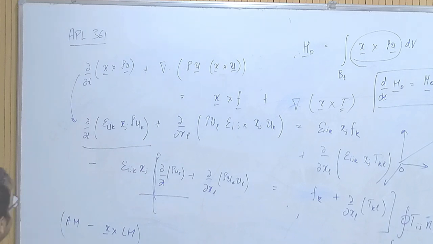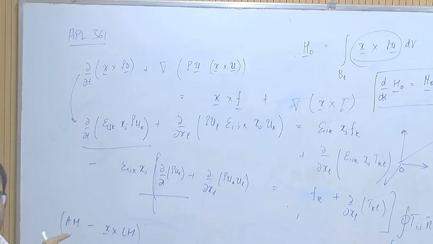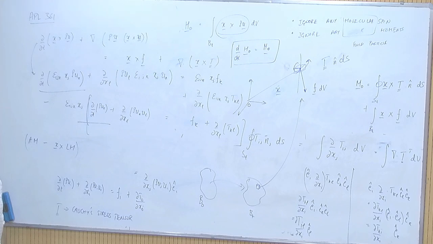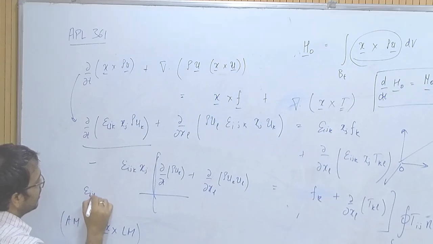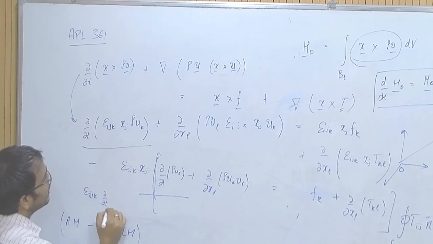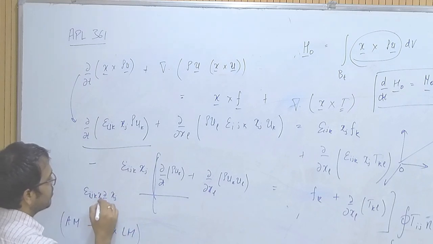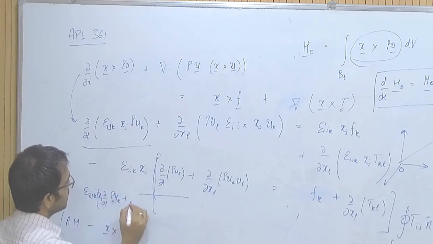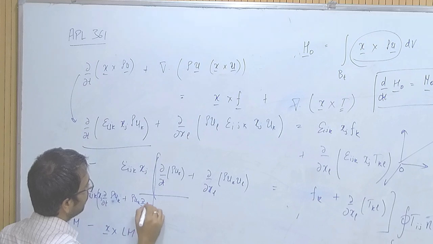Okay, so in the first term epsilon ijk is constant, xj is not constant. What is del xj by del t? Basically velocity. So when you open up this product you will get epsilon ijk del by del t of xj, or rather let us write xj once outside, del by del t of rho uk plus rho uk del by del t of xj.